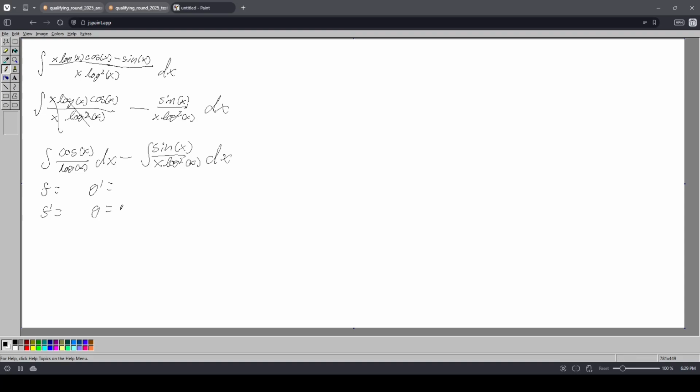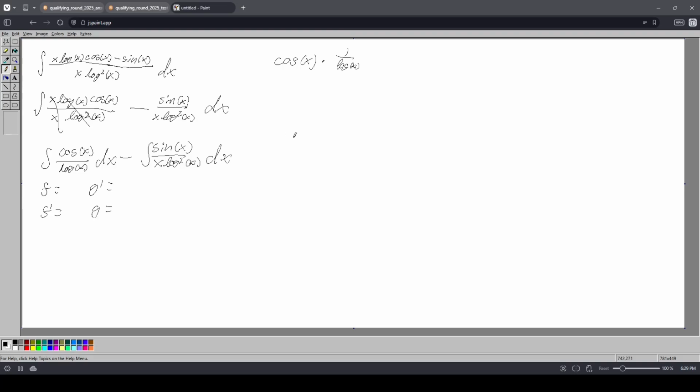There's other ways to do it, technically, at least how you represent it. So, we have cosine of x as a term, and we have 1 over log of x as a term.